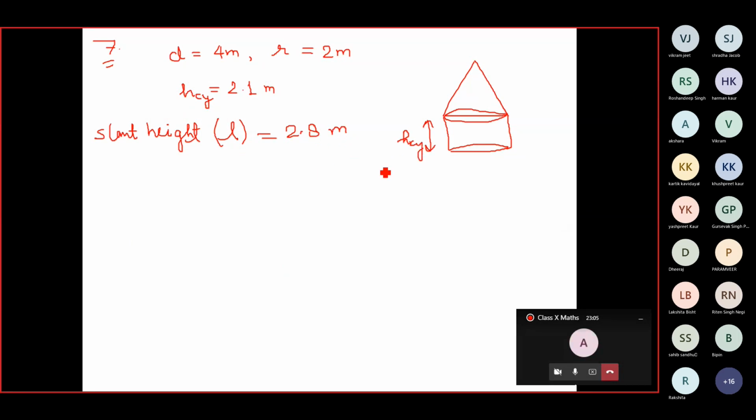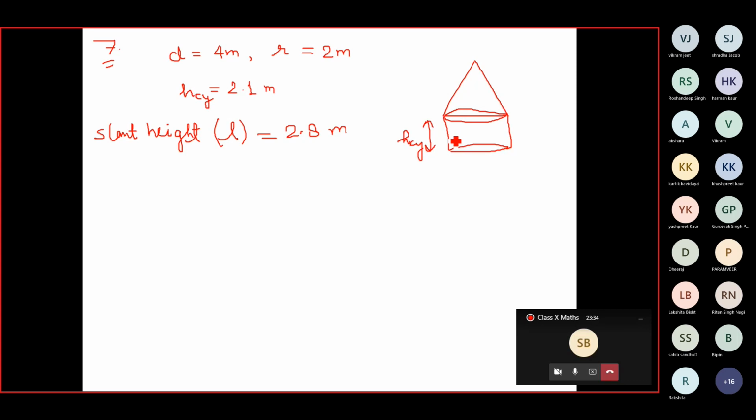Now he is asking for how much canvas will be used for it. So the canvas will be covering only the outer side of the tent, yes or no? Yes, sir, covering only the outer part of the tent. So that means we have to find out the curved surface area of the cone and the curved surface area of the cylinder. Be a little practical.